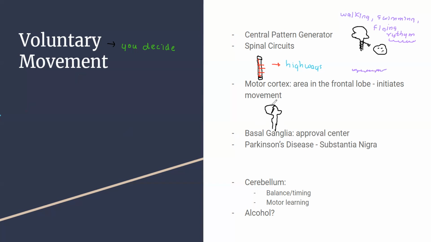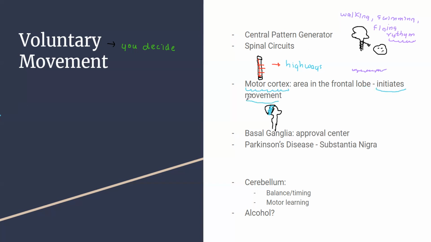In your frontal lobe, there's a thin strip of tissue called your motor cortex. This is where your ideas are started. This is where your brain thinks, okay, I want to do this movement. So the motor cortex is the part that initiates movement.